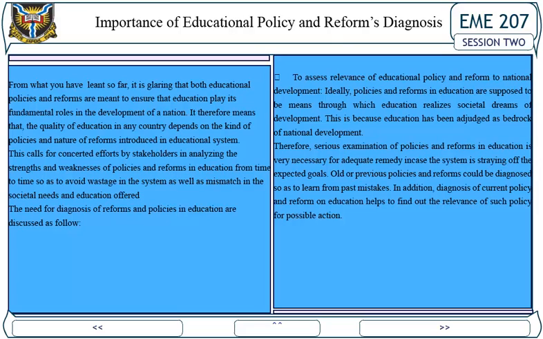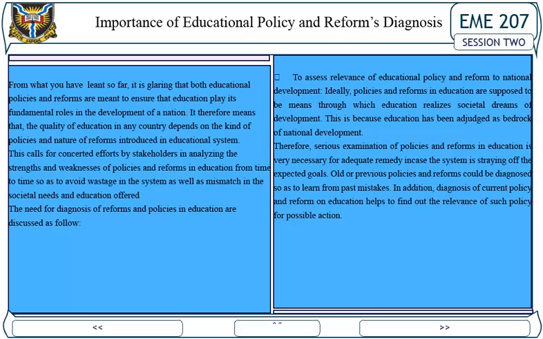Importance of educational policy and reforms diagnosis. From what you have learned so far, it is glaring that both educational policies and reforms are meant to ensure that education plays its fundamental roles in the development of a nation. It therefore means that the quality of education in any country depends on the kind of policies and nature of reforms introduced in the educational system.